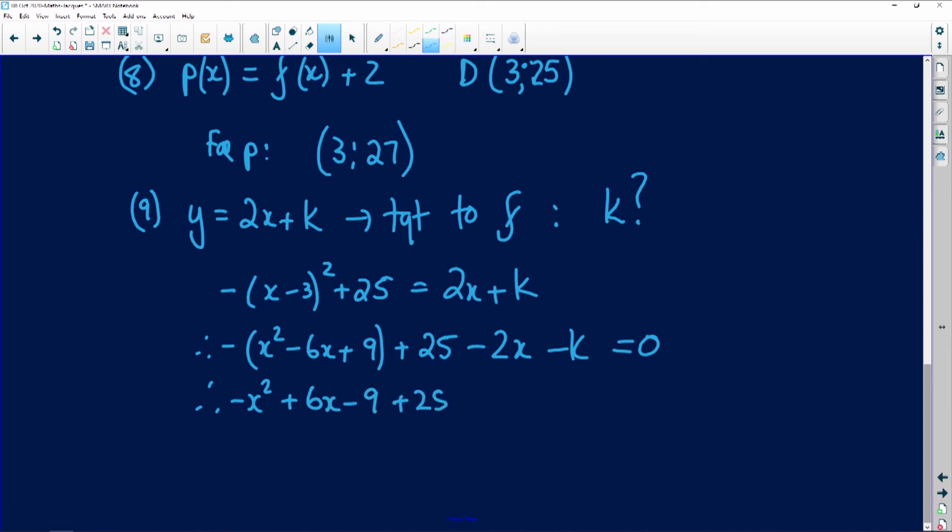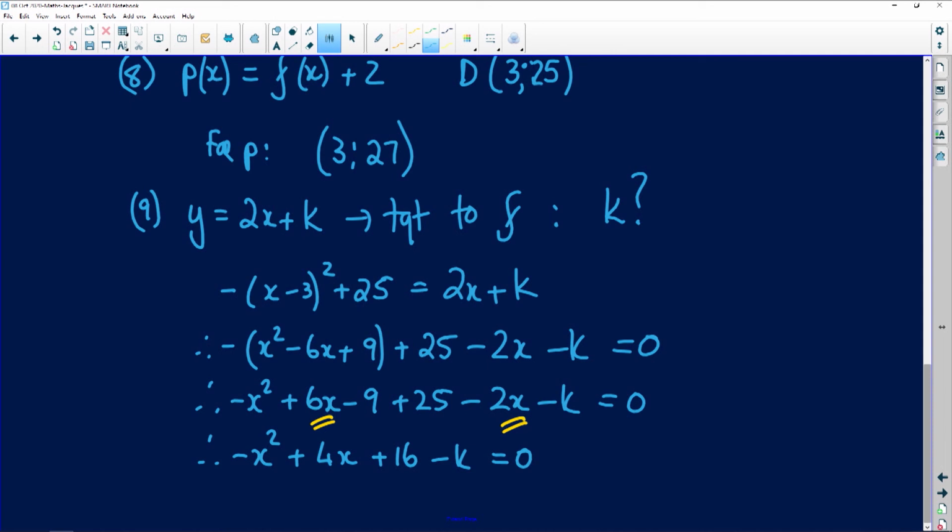Plus 25 minus 2x minus k is 0. Okay, so minus x squared. There is an x and there's an x, and if I add the 2 together, I get plus 4x. 25 minus 9 is plus 16, and then the poor old minus k, it's all by itself. Okay, there we go.